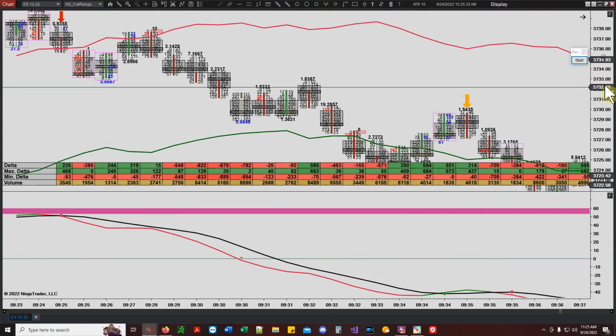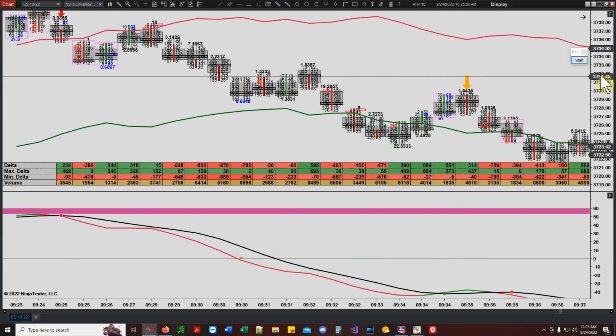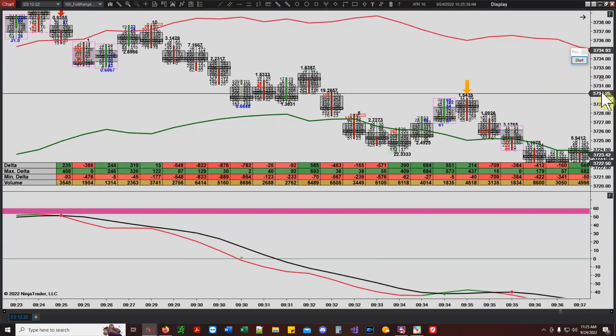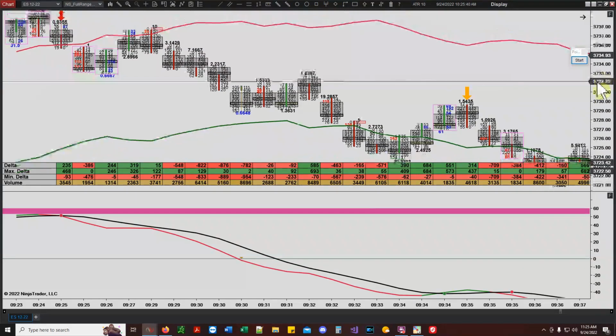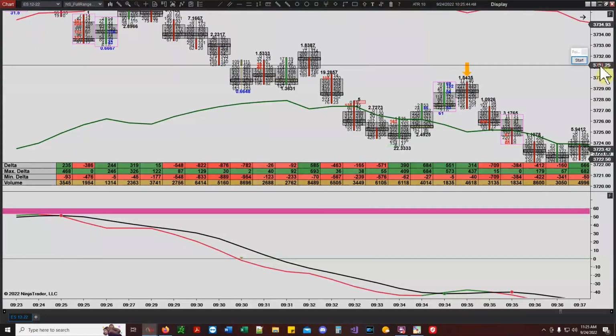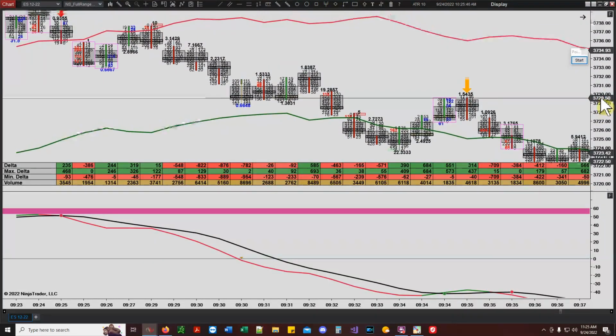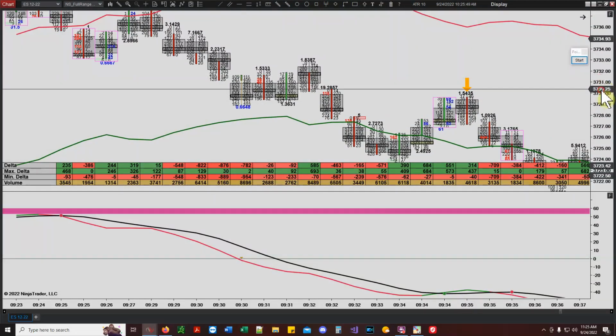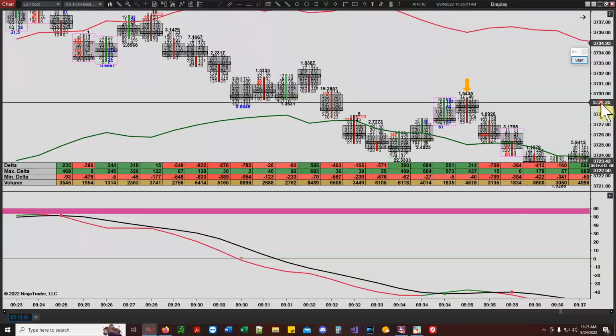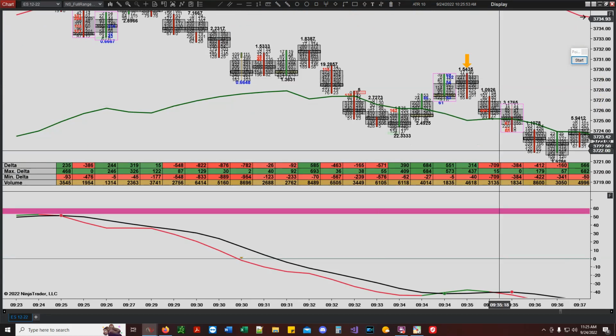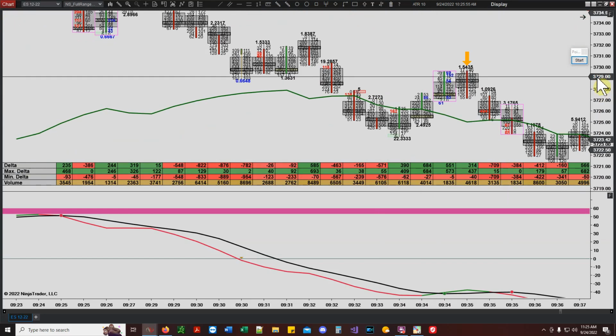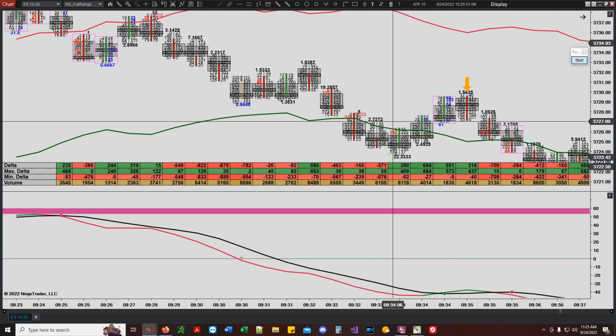Of course, you have to remember what your bias is at the time that you're taking trades. I was looking to go short yesterday. The trades I took yesterday, I was looking to go short. And I was able to scalp quite a few ticks out of the market yesterday.